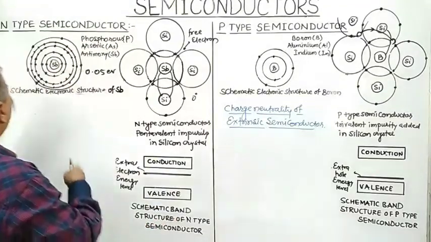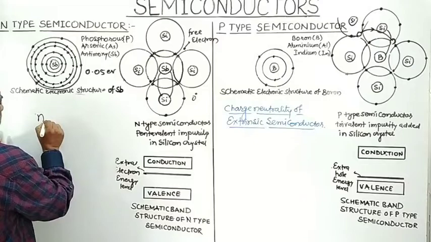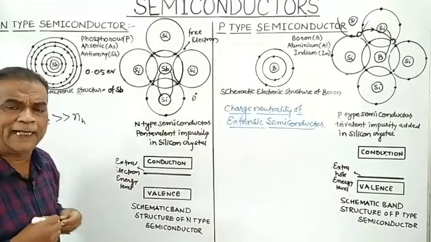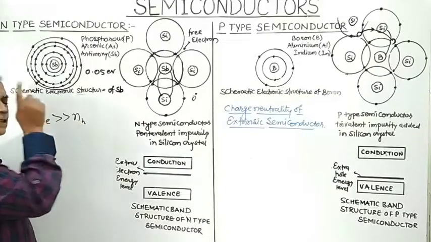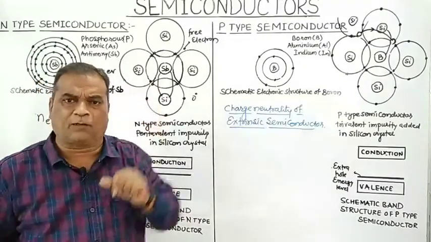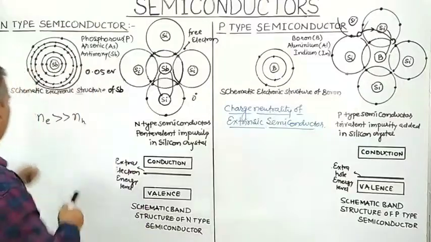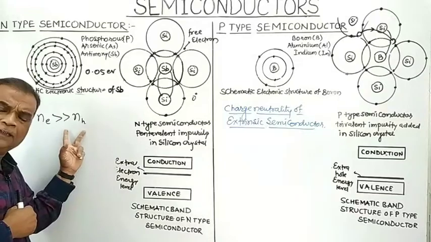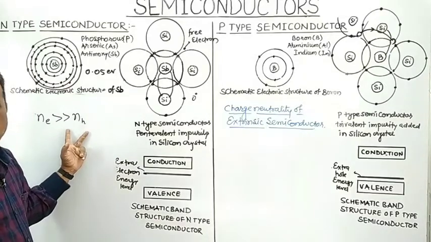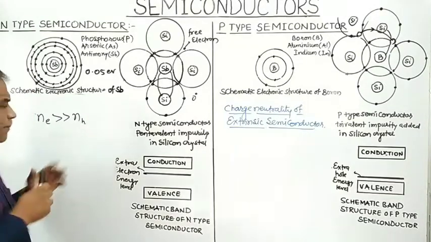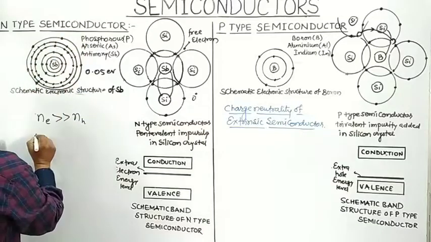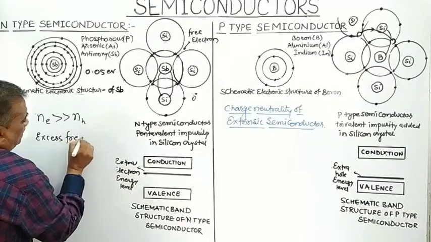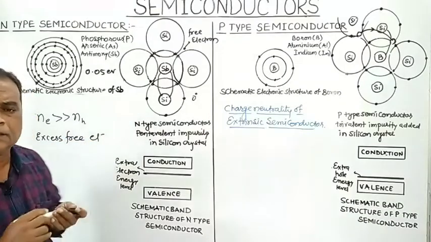See here, in an N-type semiconductor we know that the number density of free electrons is very large as compared to that of holes. Means the number of free electrons per unit volume is larger as compared to the number of holes per unit volume. Remember, in an N-type semiconductor, the excess of free electrons is mainly due to what?